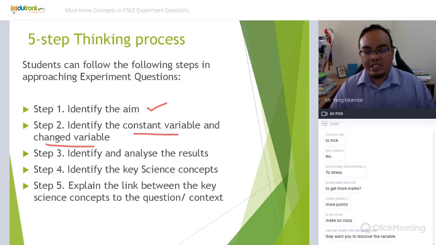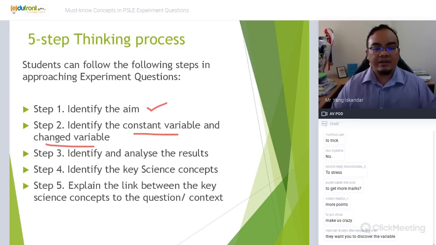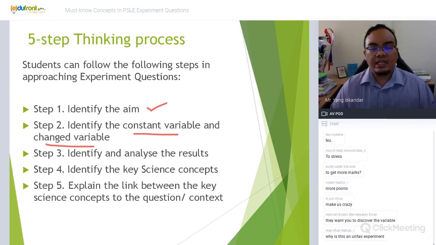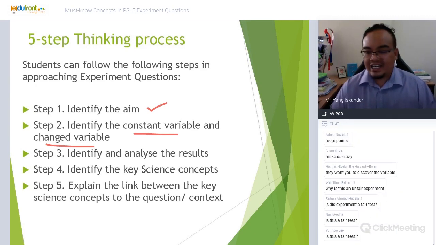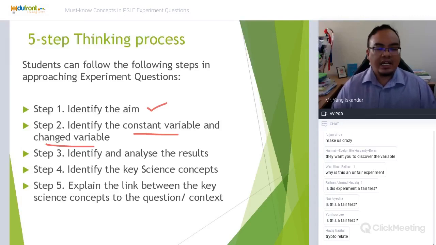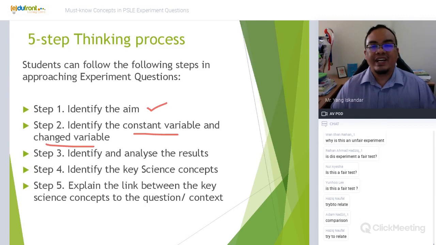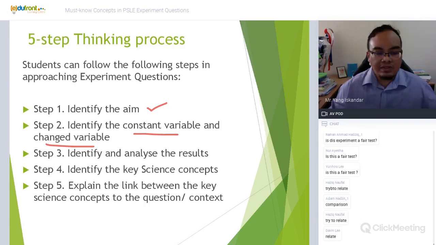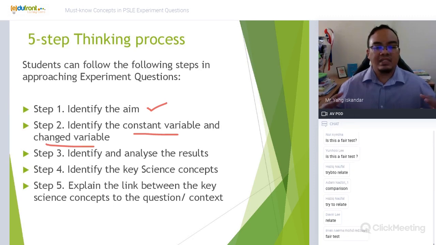Then the question they will ask you is, is this a fair test? Very good. And secondly, they may ask you, what can you change in the setup to make it a fair test? That's a very common type of question, right? They give you more than one change variable, and then they ask you, is this a fair test?